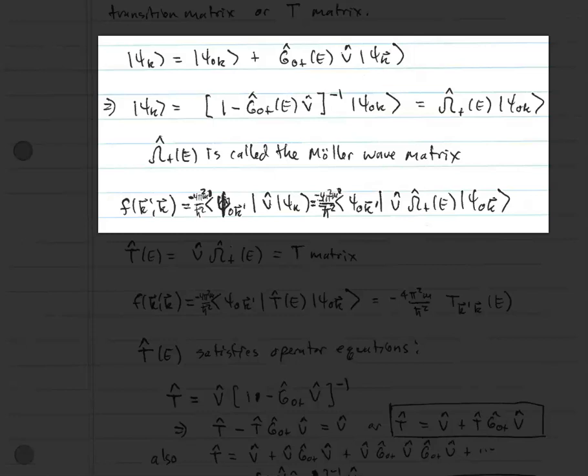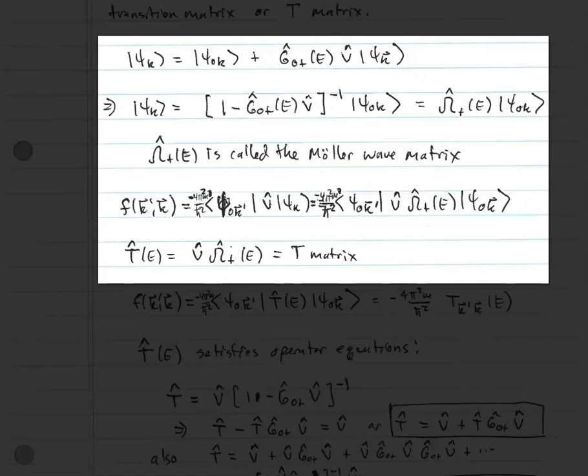This is just notation here. There's nothing fancy or complicated going on. And then what we do is we define V times Omega as the T matrix, and we'll call that T hat of E. Again, just a definition, all right?